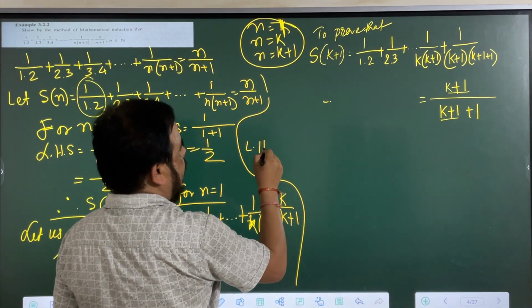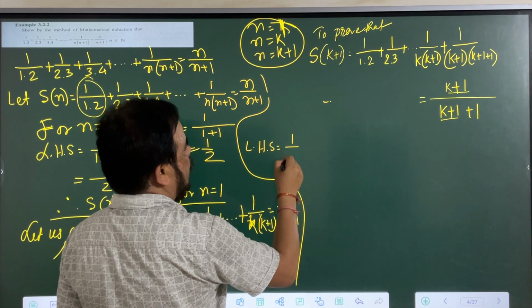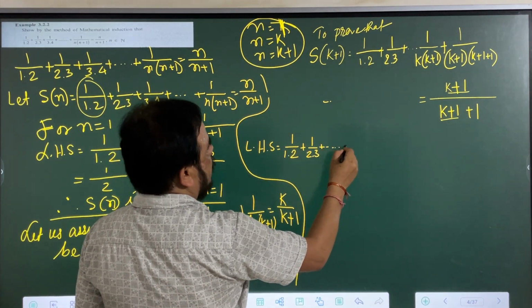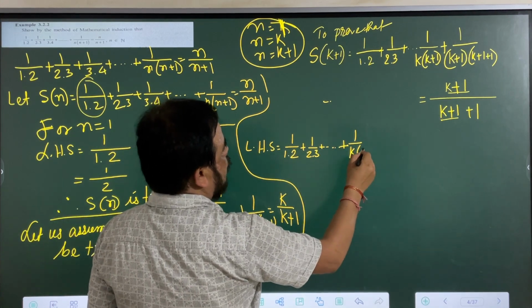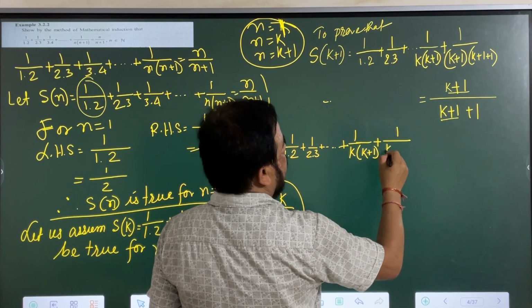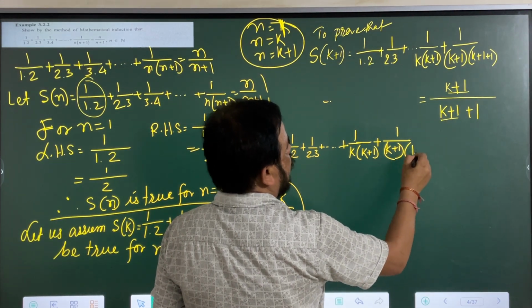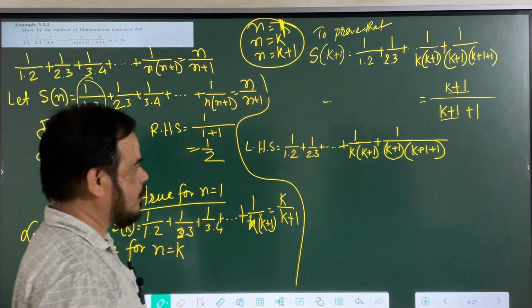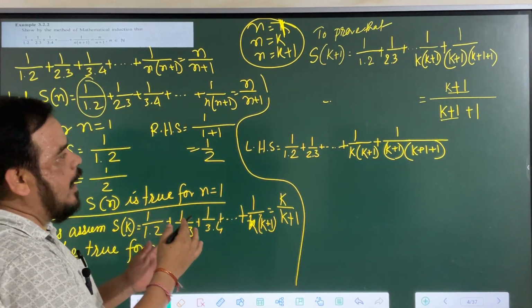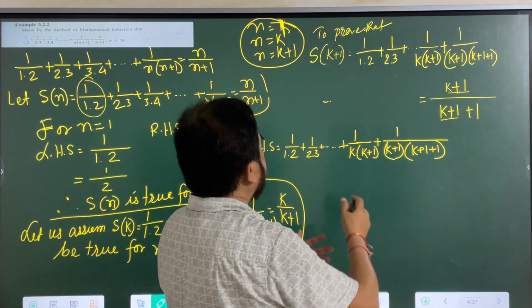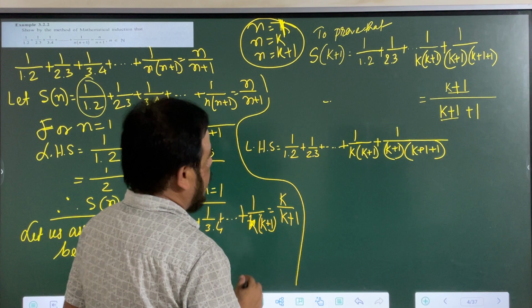Here LHS is equal to 1 by 1 into 2, plus 1 by 2 into 3, and so on, plus 1 by k into k plus 1, plus 1 by k plus 1 into k plus 1 plus 1. Left hand side I have written, and by doing the calculation on the left hand side we have to get the right hand side. That is what we have to prove.